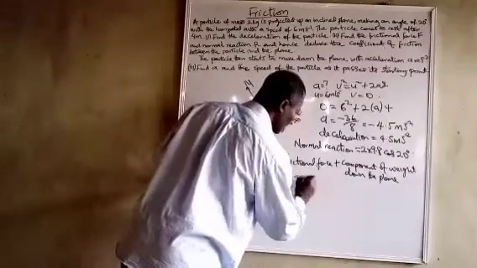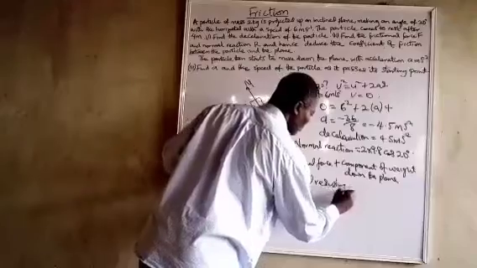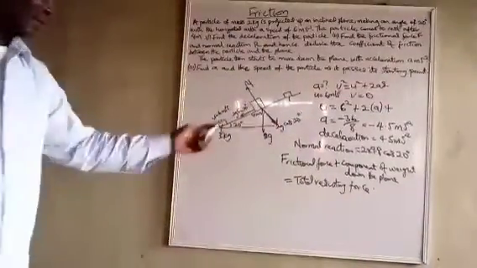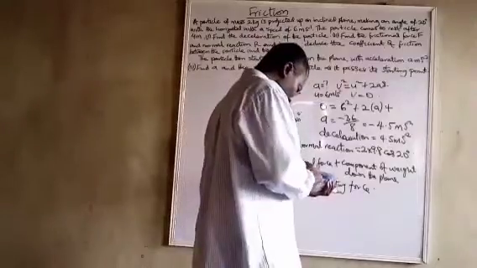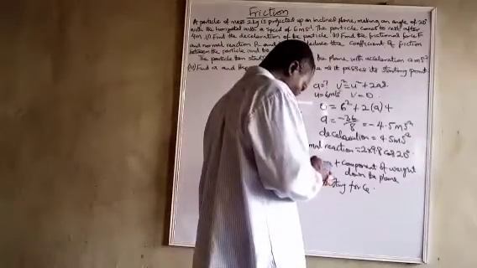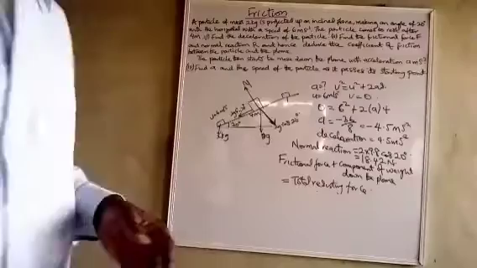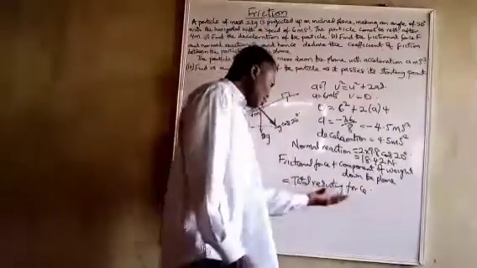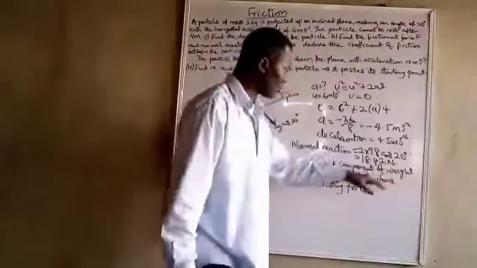Total resisting force. You can get that one now. So let me get the normal reaction. So normal reaction is 18.42 Newton. So total resisting force is the frictional force plus component of weight down the plane.